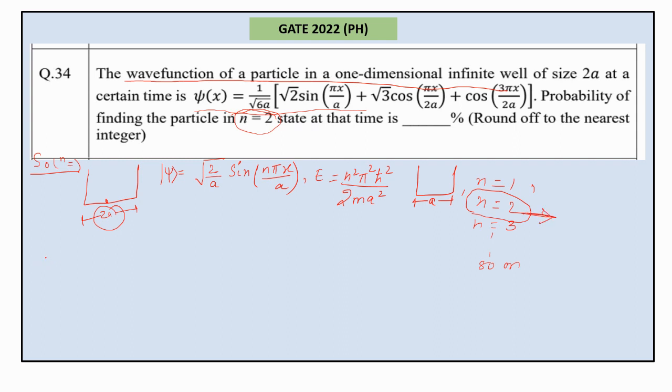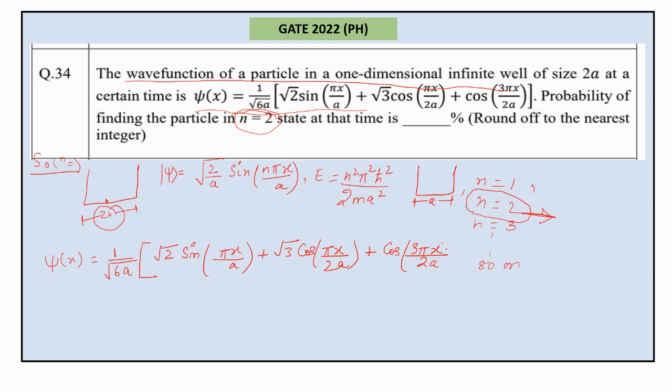The wave function is given to us: 1 upon under root 6a, root 2 sine pi x by a plus root 3 cos pi x upon 2a plus cos 3 pi x upon 2a.